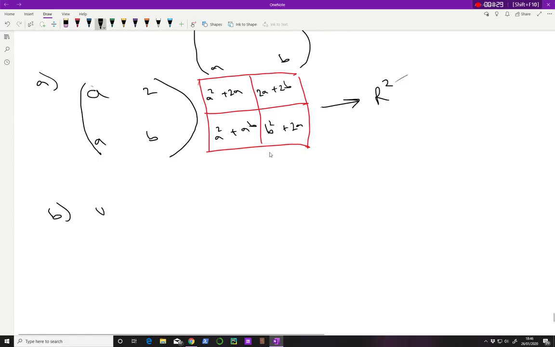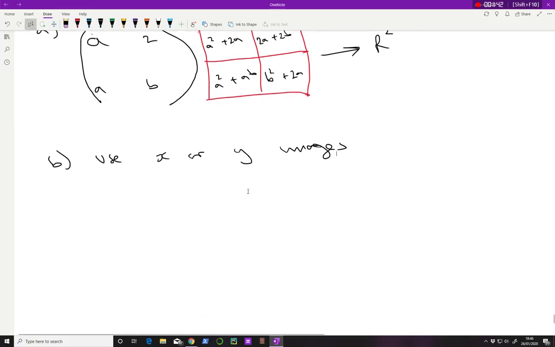So I'm going to write here, use X or Y images. I'm going to use both because there's something that I want to show. So here I'm going to write using X, which is 1, 0. I'm going to transform this using the transformation matrix up above, and that's going to give me a scale factor of 15.